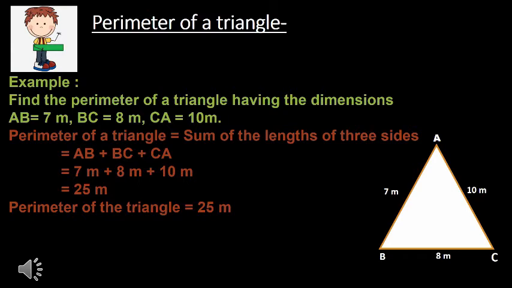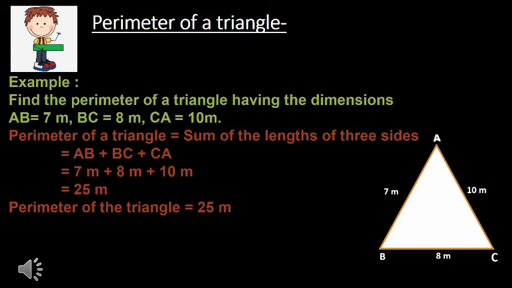Let's find the perimeter of a triangle having the dimensions AB equals 7 meters, BC equals 8 meters, and CA equals 10 meters.